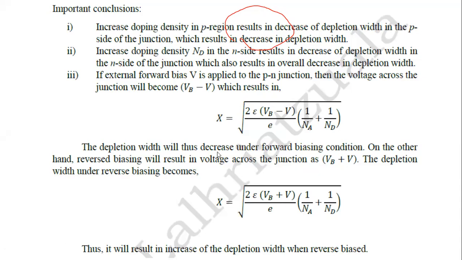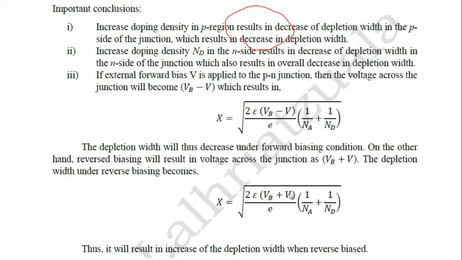However, when you connect a reverse bias, the reverse bias potential is added to the potential barrier. This I discussed yesterday. Please revise my lecture. When you connect a reverse biasing condition, the potential from the external battery source has the same direction as the potential barrier. Therefore, VB plus V. So your depletion width X will be raised if you add reverse biasing voltage.